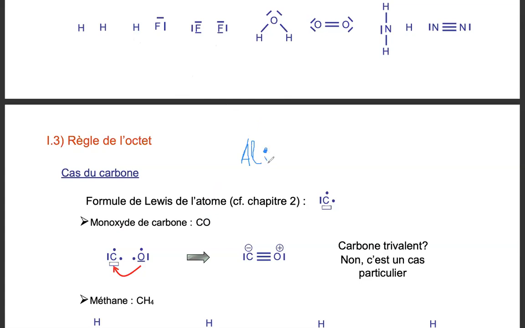Okay. So the idea is aluminium is a metalloid. So at some point it will behave like a nonmetal, and at some point it will behave as a metal. Now in your case we have the sharing of electrons.